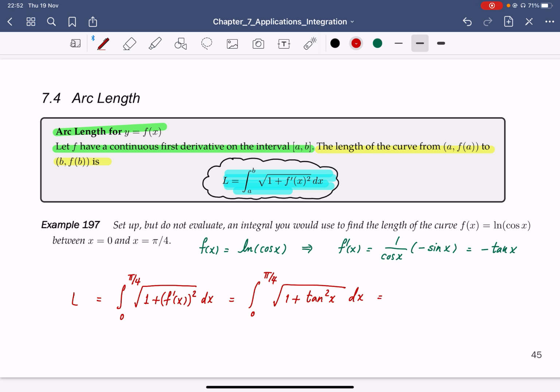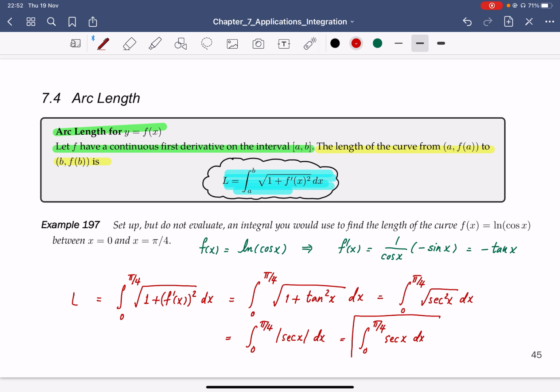right? And then if you want to simplify more, you can integrate from 0 to pi over 4 the square root of 1 plus tan squared, which is sec squared x, dx. This is actually the integral from 0 to pi over 4 of absolute value of sec x, dx. And this is actually the integral from 0 to pi over 4 of sec x, dx, because when x is between 0 and pi over 4, sec is positive.